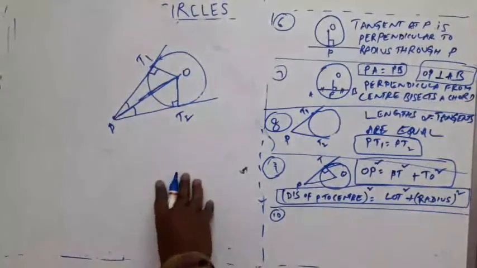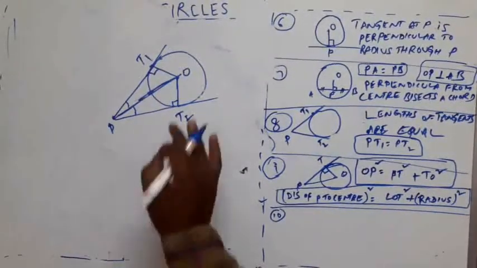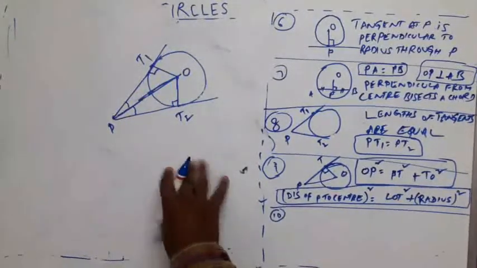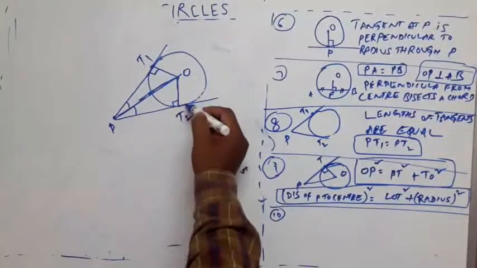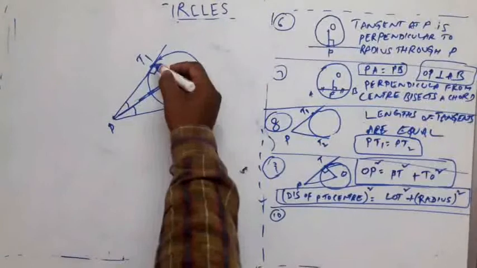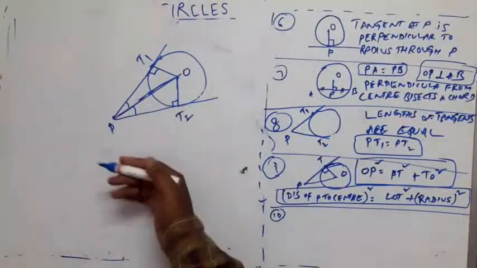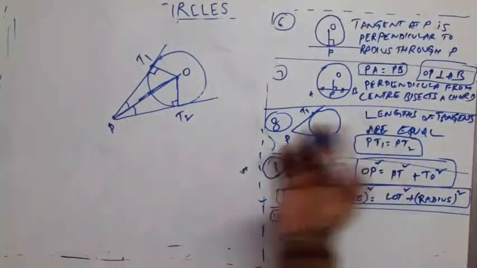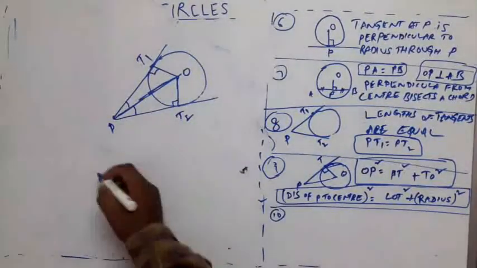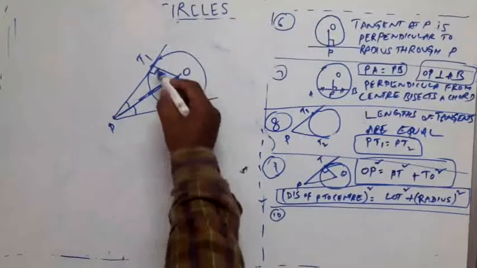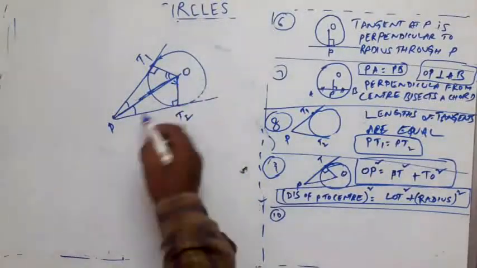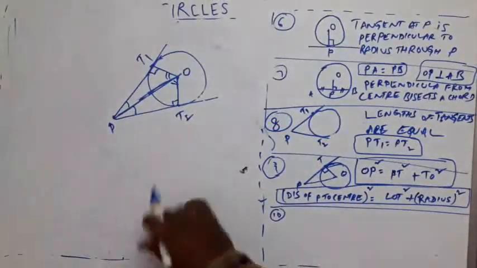These two triangles are congruent triangles. Corresponding sides are equal, corresponding angles are equal. So these two distances are equal because they are radii. PT1 and PT2 are equal because they are lengths of tangents. This side is also common. So corresponding angles are equal, right?